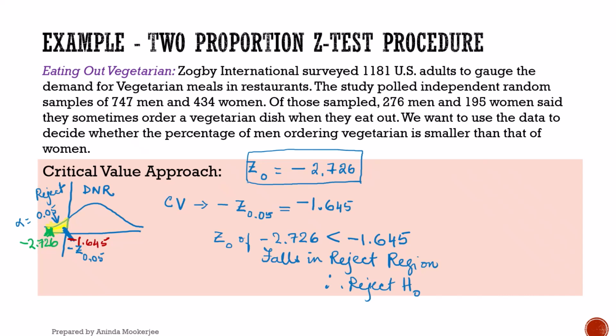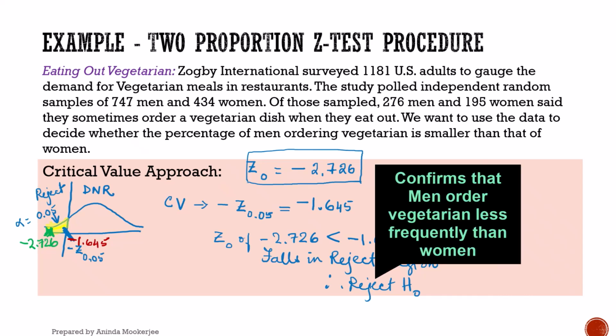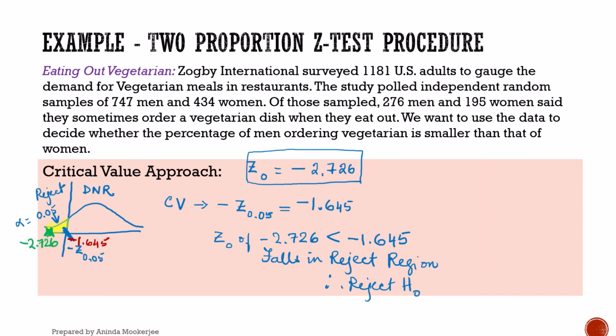So when we reject the null hypothesis, that's telling us that the proportion of men ordering vegetarian is indeed less than the proportion of women ordering vegetarian. All right. So now let's go to the next slide where we will be using the p-value approach to come to a decision. We should get the same reject decision, but let's do it using the p-value approach.